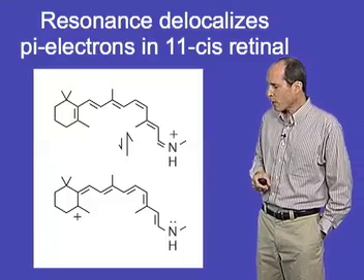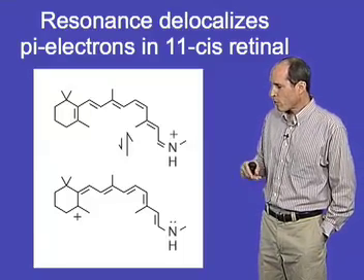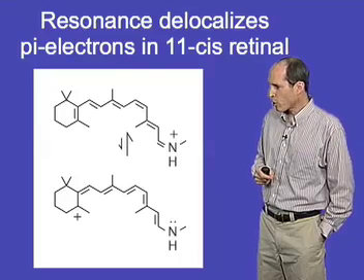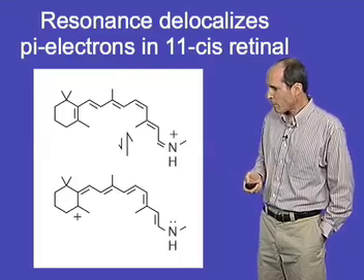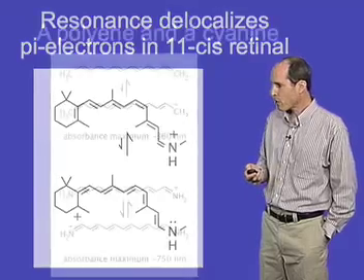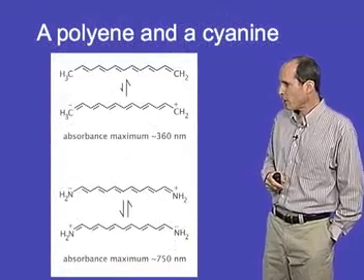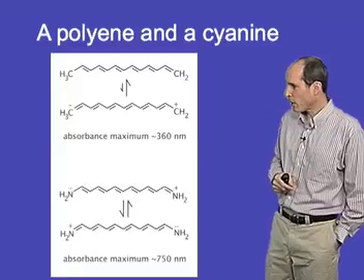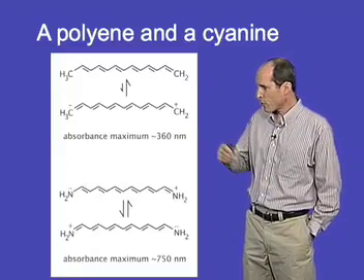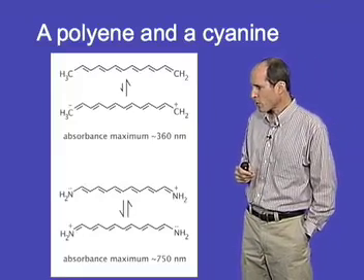Just to get a sense of how substantial this resonance effect is in the absorbance spectra of these kinds of compounds, let's look at 2 model compounds, which are shown here, a polyene at the top and a cyanine at the bottom. Now, these are drawn with the same number of double bonds as retinal has, that is 6.